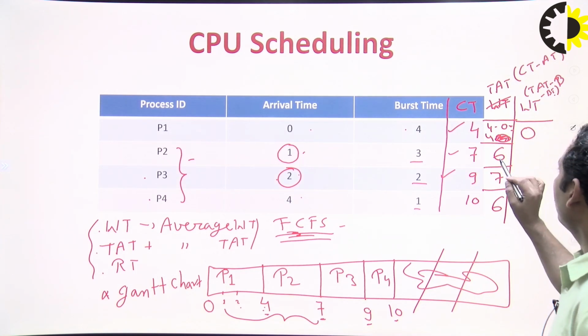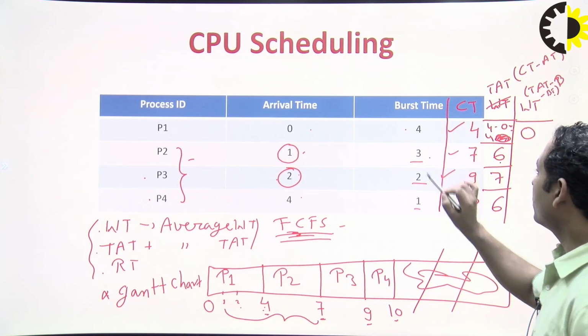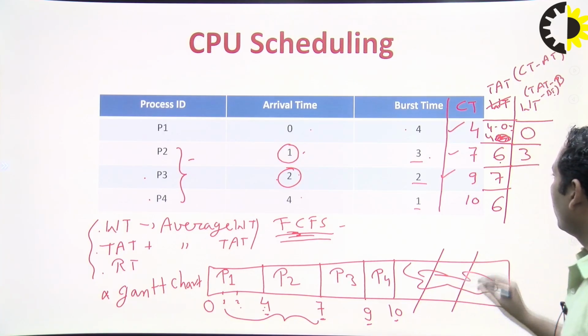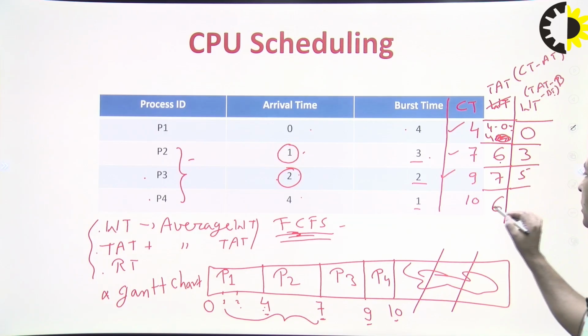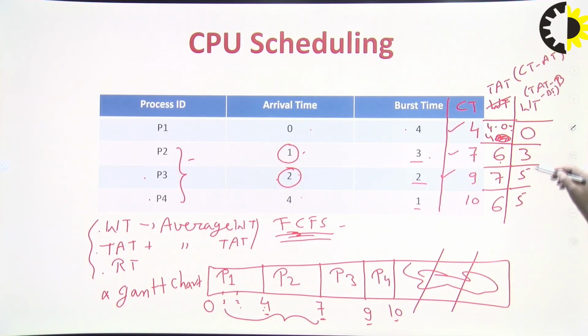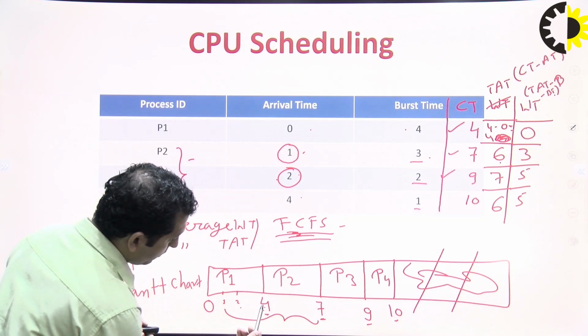Now, for P2, the turnaround time is 6 minus the burst time 3, which equals 3. For P3, 7 minus 2 is 5, and for P4, 6 minus 1 is also 5.